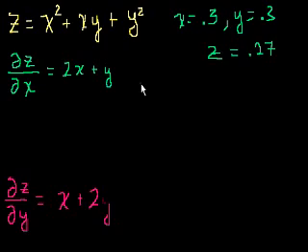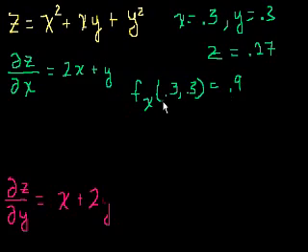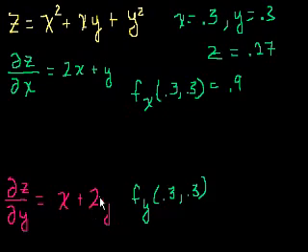Or we could write f sub x at the point x is equal to 0.3, y is equal to 0.3. We figured that, 2 times 0.3 is 0.6 plus 0.3. That's equal to 0.9. So the slope in the x direction at that point is 0.9. And then if we take the partial with respect to y at that same point, 0.3 plus 0.6, that's also equal to 0.9.